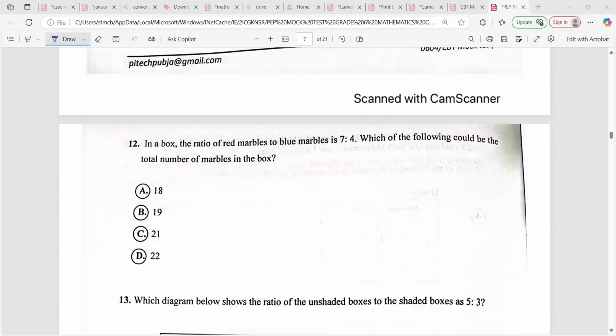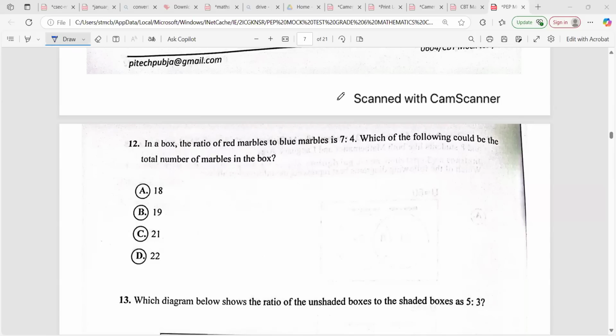Marco D. Okay, sir. So, sir, you say in a box, the ratio of red marbles to blue marbles is 7 to 4. That means red marbles are 7 and blue marbles are 4. So it says, which of the following could be the total number of marbles in the box?